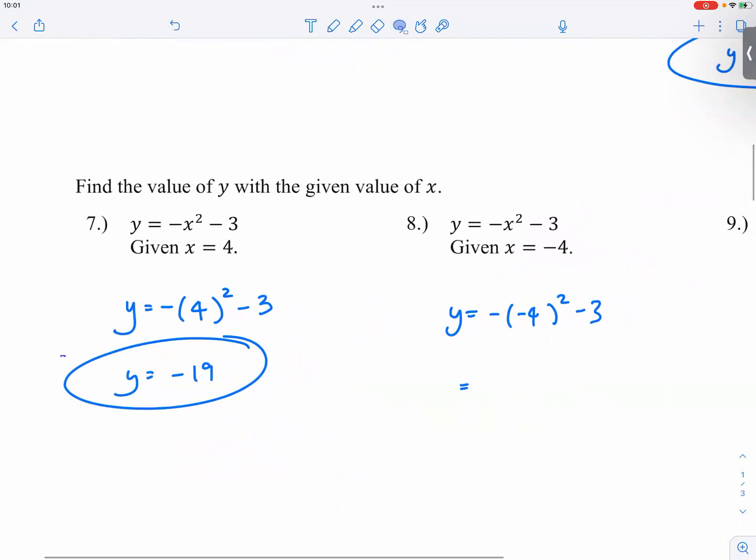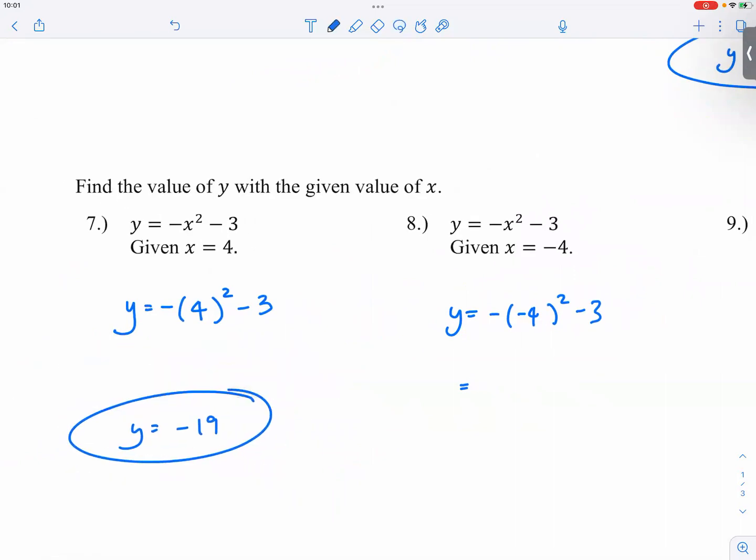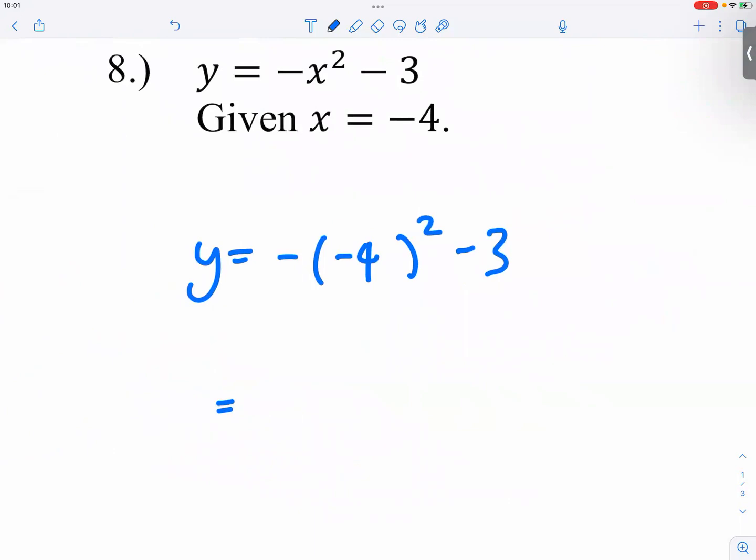Oh, I should write something more. I forgot, it should be negative 16 and then minus 3. That's negative 19. Just to fill it in with the details here. So over here, what is negative 4 squared? 16, right? Not negative 16, but 16.